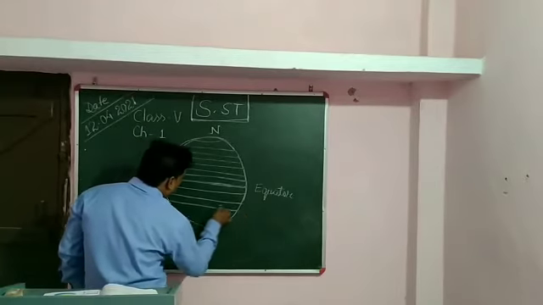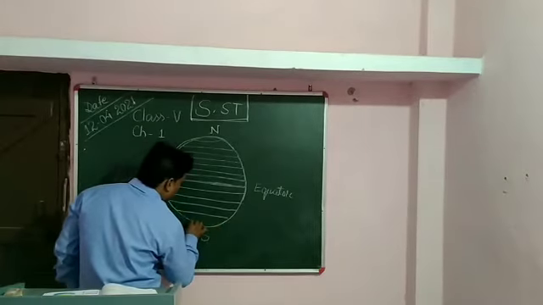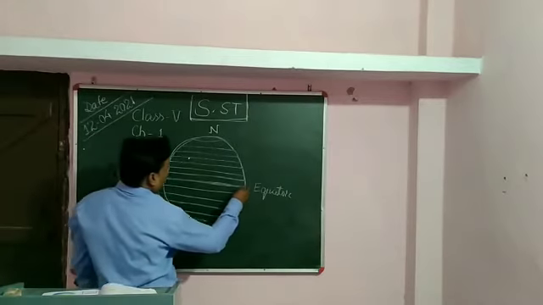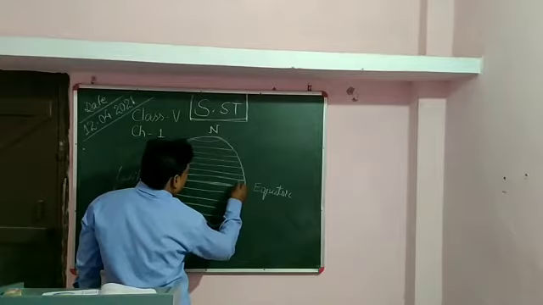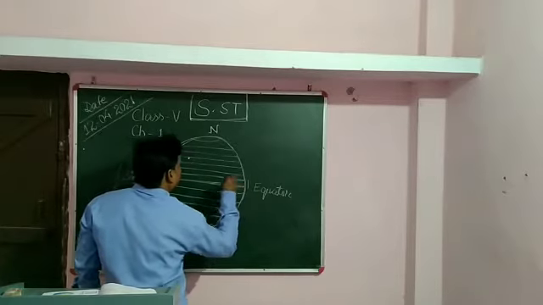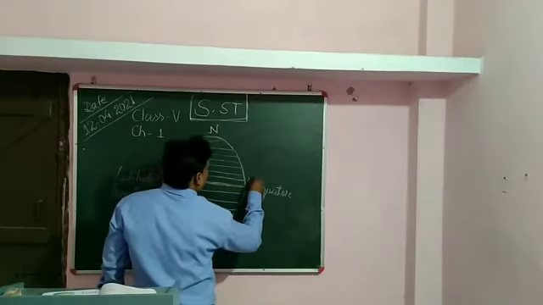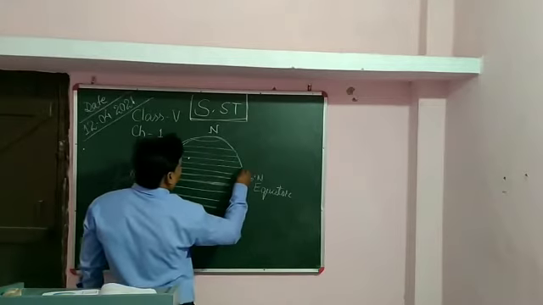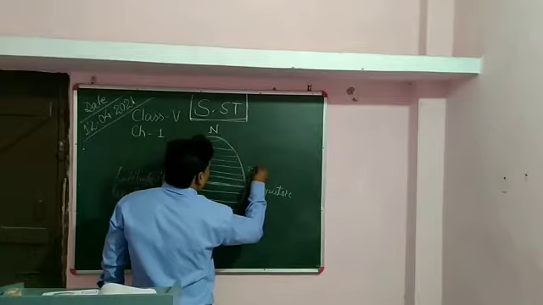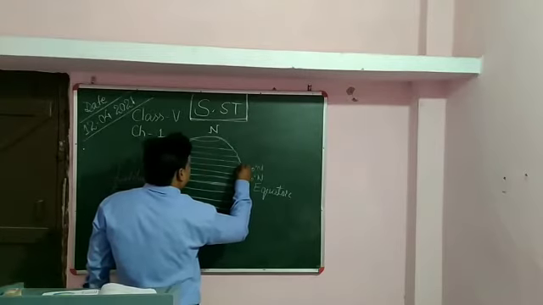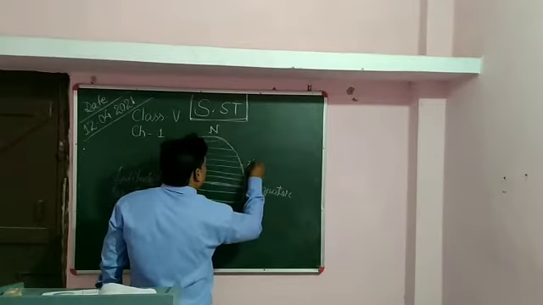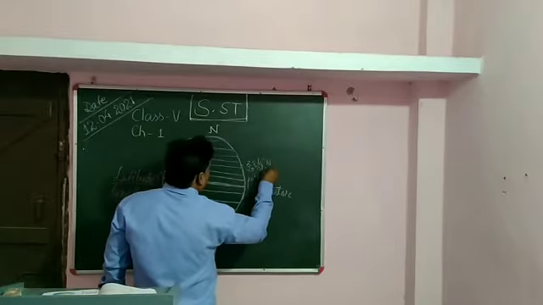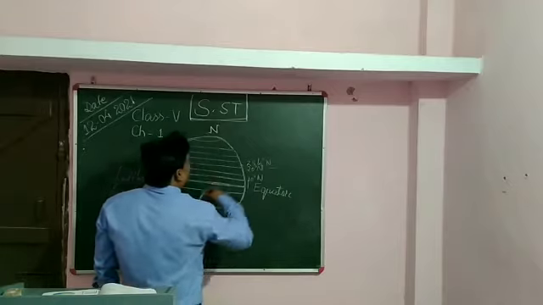There are a few very important lines that everybody has to keep in mind. This is the equator. If we go upward, suppose this is 10 degree north, then 20 degree north, and somewhere here you will find 23.5 degree north, which is known as the Tropic of Cancer.